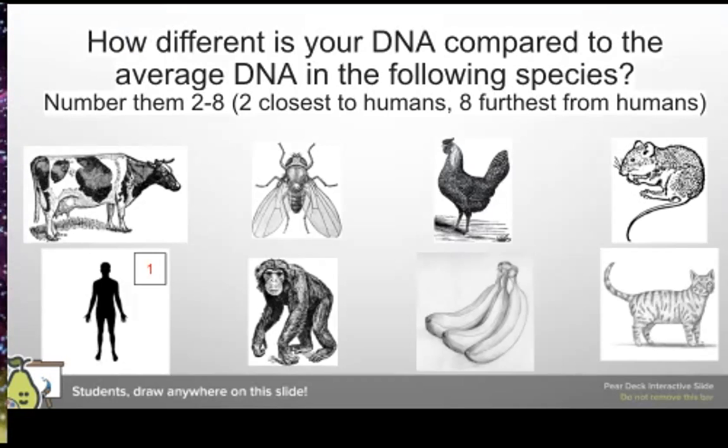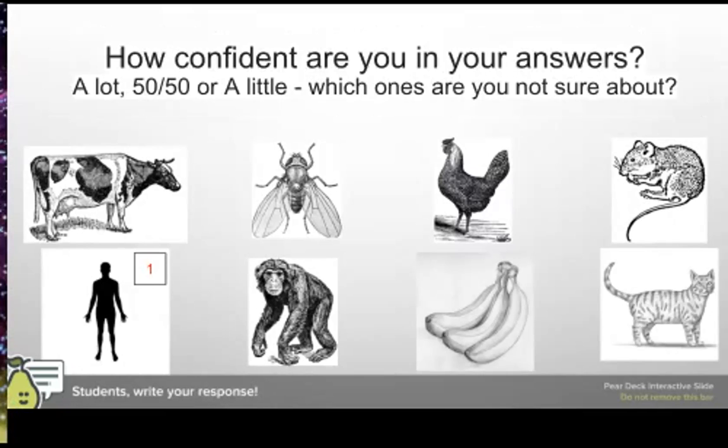You're going to number the animals from closest, who shares the most DNA with humans, to who shares the least amount of DNA. So number 2, who do you think is closest to humans, all the way to number 8, who's the furthest?